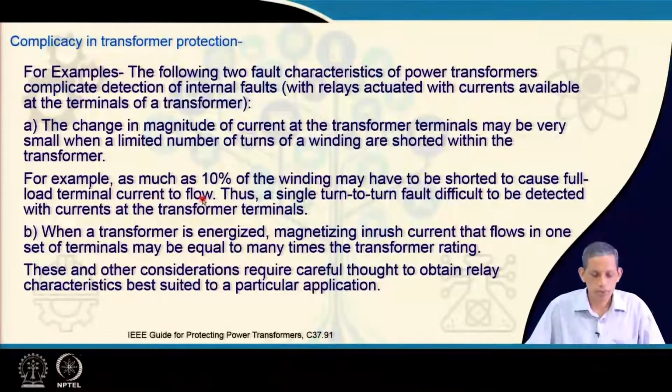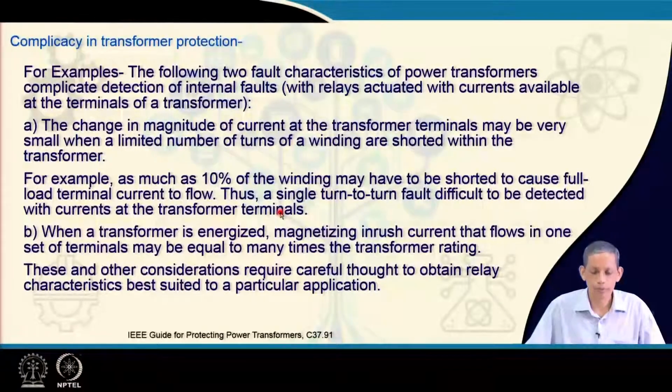For example, as much as 10% of the winding is required to be shorted for rated current to flow. So, a single turn to turn fault may not lead to significant current detectable at the transformer terminals.